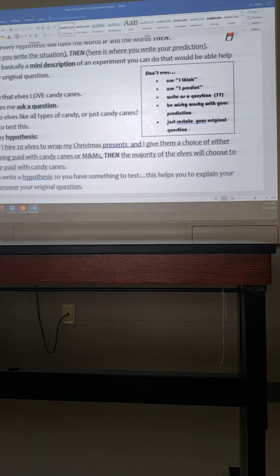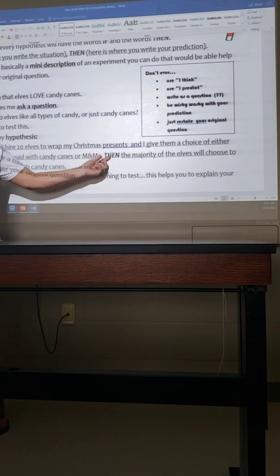I observed that elves love candy canes. That leads me to ask the question, do elves like all candy or just candy canes? Right? So I decided to test this. I've made an observation, I've asked a question, now it's time to form my hypothesis. If I am writing a hypothesis, the very first word is going to be the word if.